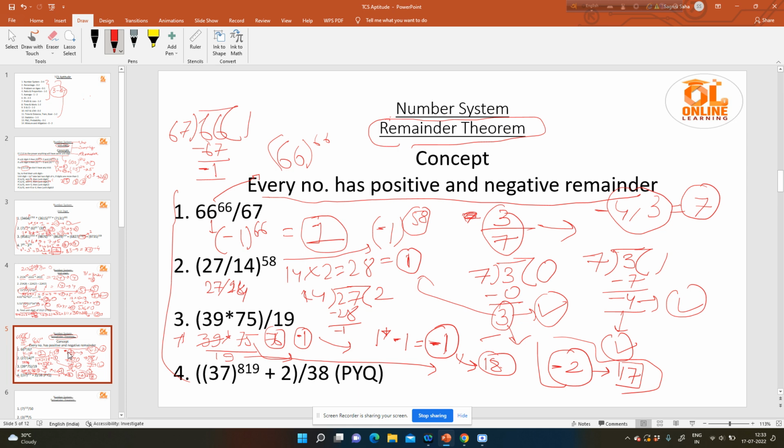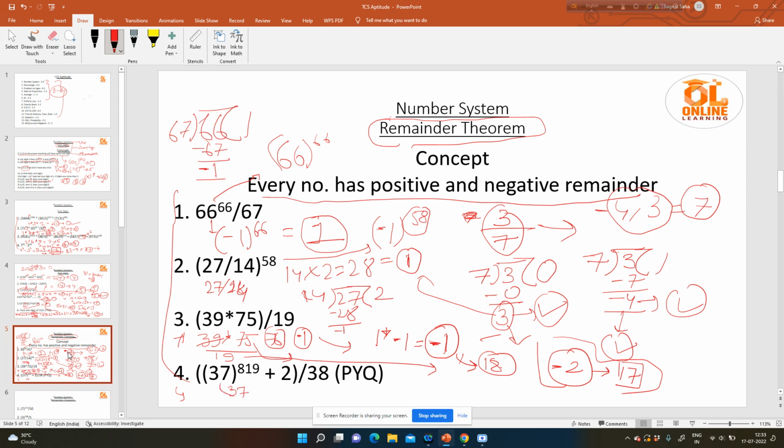Now there is a previous year question. See, the previous year questions are very easy. If you know the tricks, if you know the concepts of how to do it, you can easily solve it within seconds. 37 to the power 819 plus 2 divided by 38. So how to solve it?